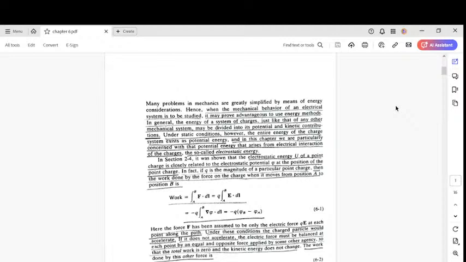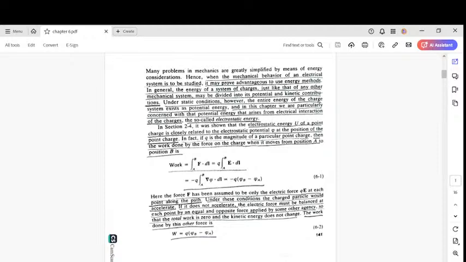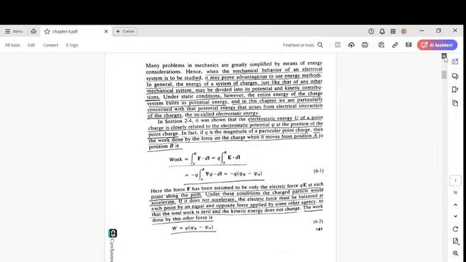So putting E equal to minus del phi, the equation becomes work is equal to minus Q integral A to B del phi dot dl. If you solve this integral, work done is equal to minus Q into phi B minus phi A.